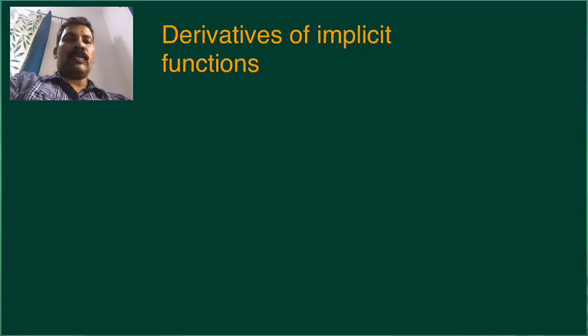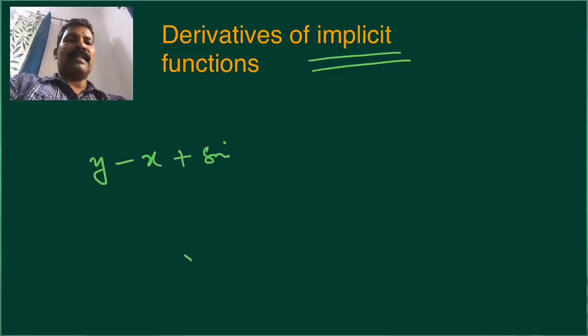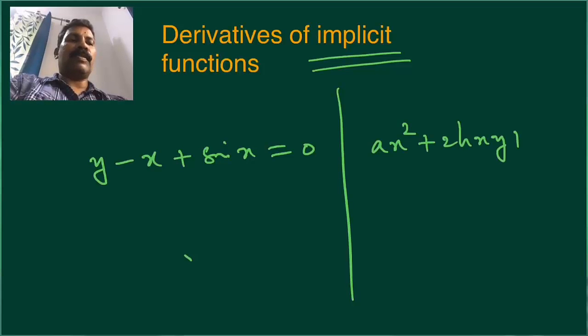Now let us study about derivatives of implicit functions. First of all, we shall study what an implicit function is. Let us consider two functions. The first one is y minus x plus sin x is equal to 0, and the second one is ax squared plus 2hxy plus by squared is equal to 0. No doubt here both the functions are relationships between x and y.